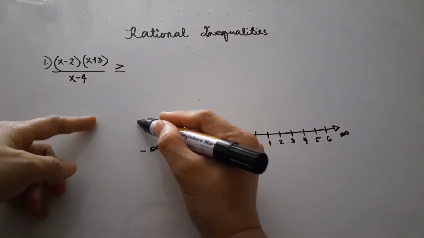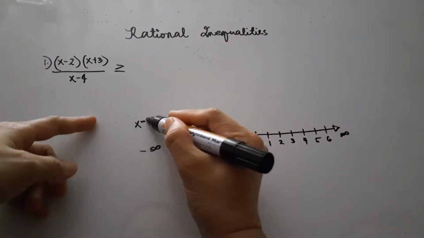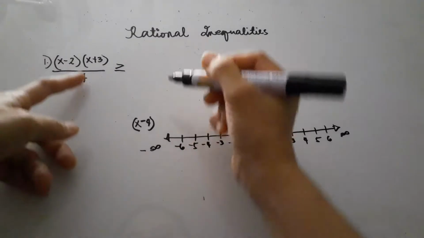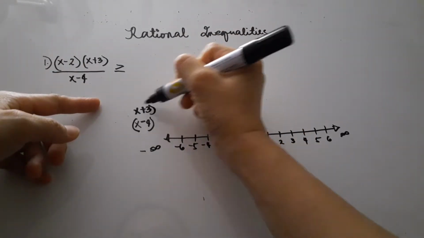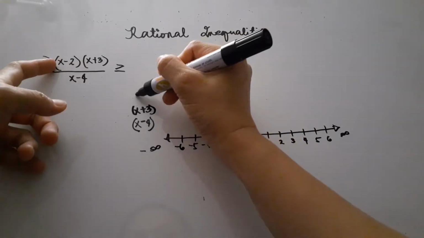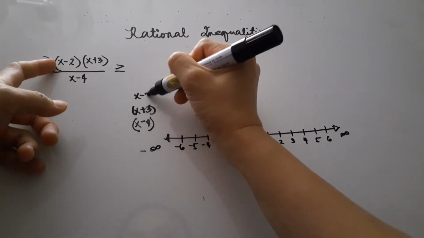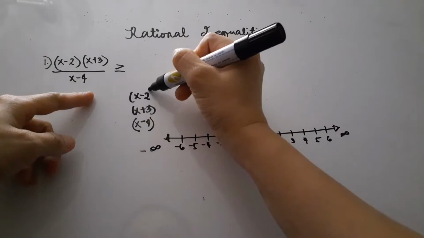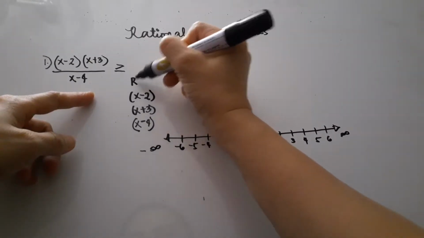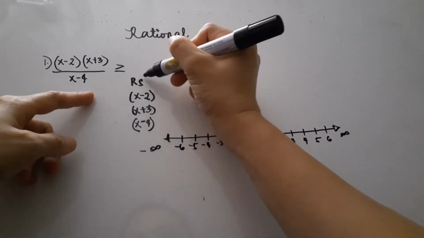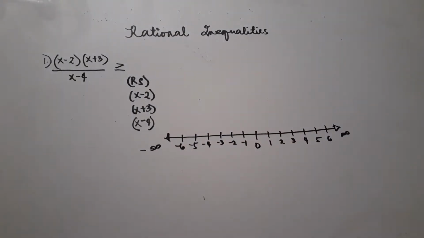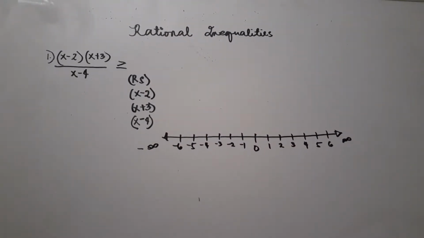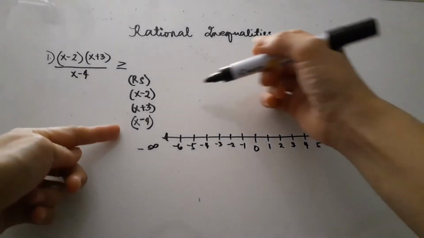And then we can put all the factors here, which is x minus 4 from the numerator, and then x plus 3, and then x minus 2. Each of these factors we can solve: if x minus 2 is equal to 0, if x plus 3 is equal to 0, and x minus 4 is equal to 0.